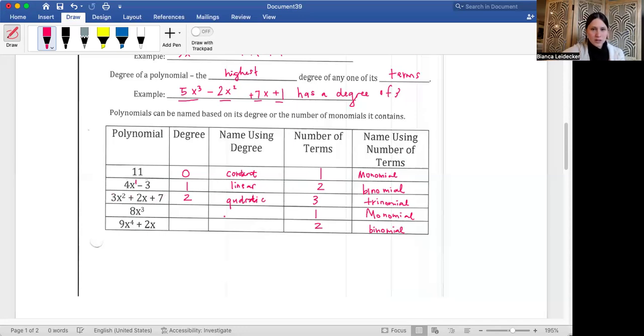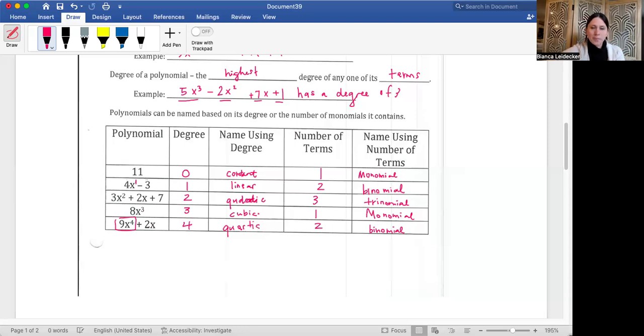If it has a degree of 3, that would be called a cubic degree. And if you have a degree of 4, so this term here is to the power of 4, we're only looking at the one term that has the largest degree, right? So this would be 4, and that's called a quartic, like a quart or a quarter.